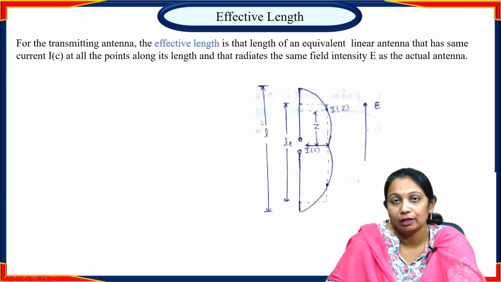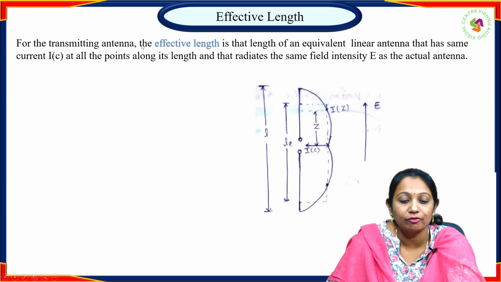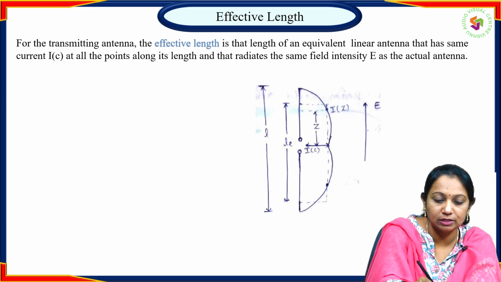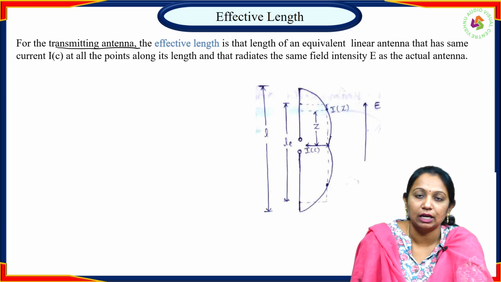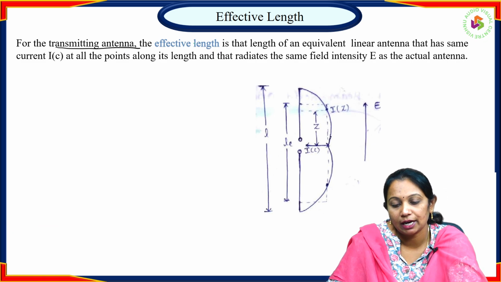Now the next parameter. Earlier I calculated the effective height of the receiving antenna. Let us consider it as a transmitting antenna. For the transmitting antenna, the effective length is the length of an equivalent linear antenna.